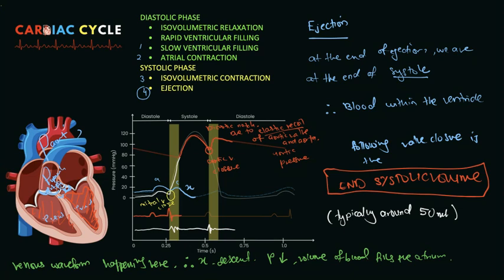The volume of blood in the left ventricle prior to contraction is the left ventricular end diastolic volume that we've discussed earlier, and the volume of blood remaining in the left ventricle after contraction is the left ventricular end systolic volume, which is what we got here. Therefore, if we subtract the left ventricular end systolic volume of 50 mL from the left ventricular end diastolic volume of about 120 mL just now, we will get a stroke volume of 70 mL.